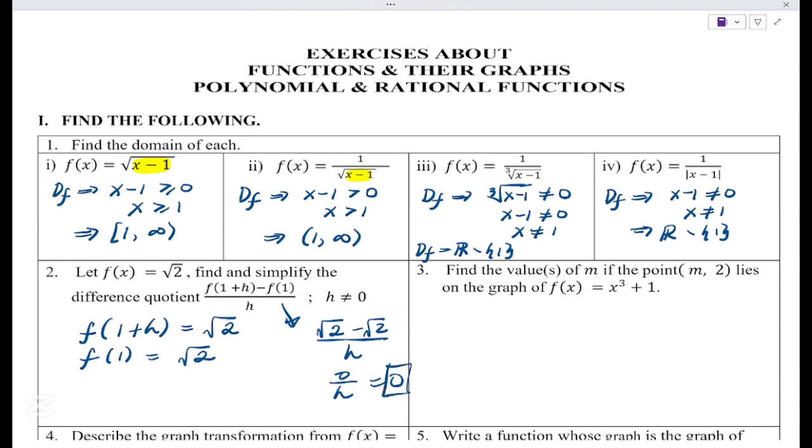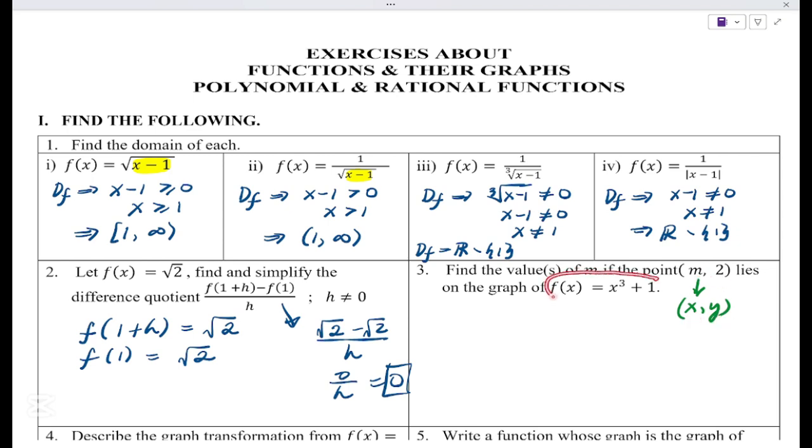For the third question, find the value or values of m if the point m, 2 lies on the graph of this function x cubed plus 1. When you say this point m, 2 lies on this function, it means this m, 2 represents x comma y. So m is equal to x and the y value is equal to 2.